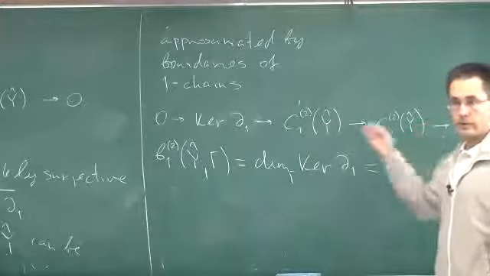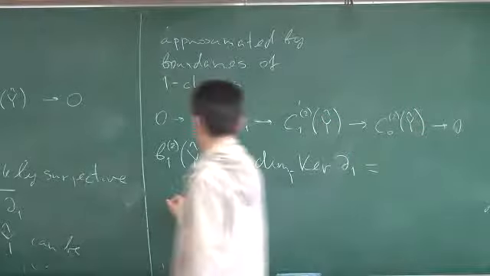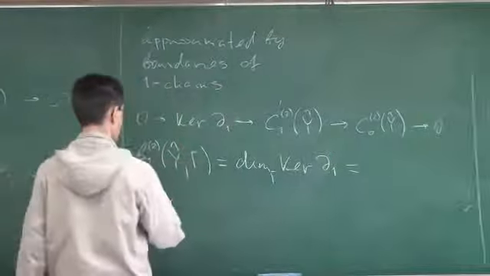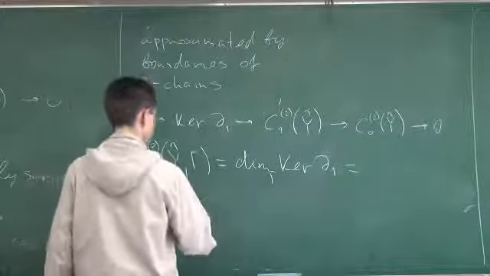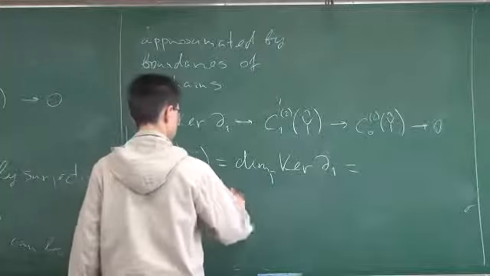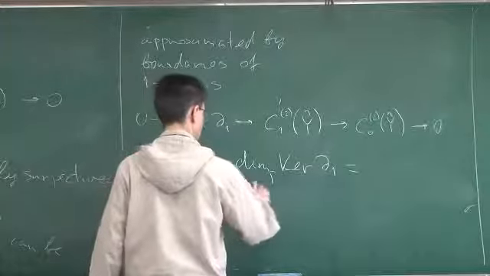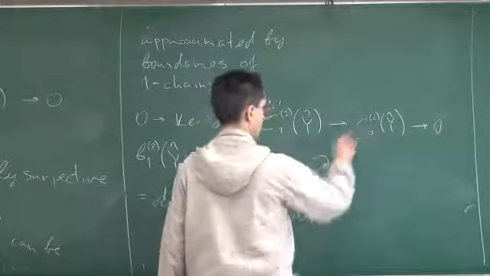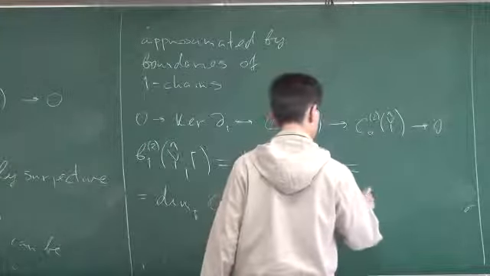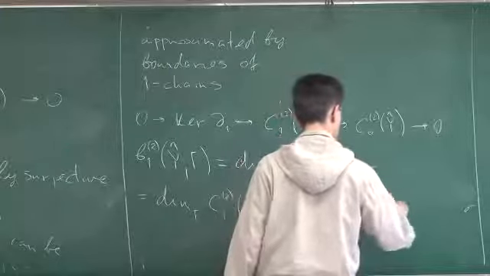You use this weakly short exact sequence. That is the same as the dimension over gamma of C1^(2) of y hat minus the dimension of C0^(2) of y hat.